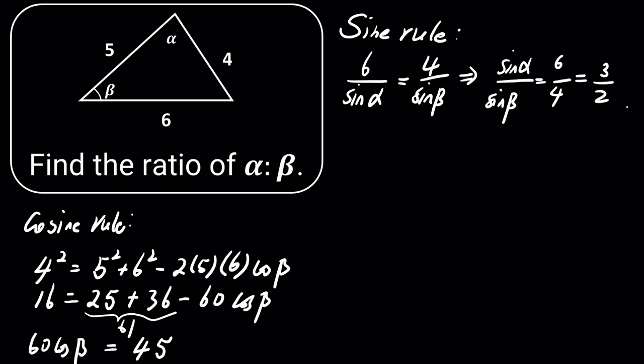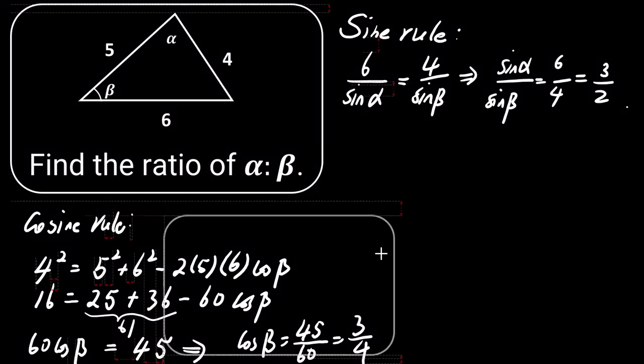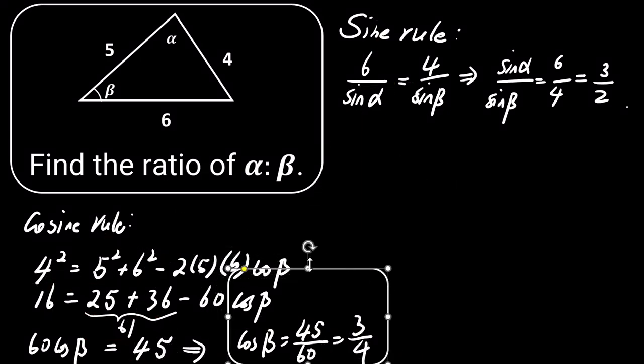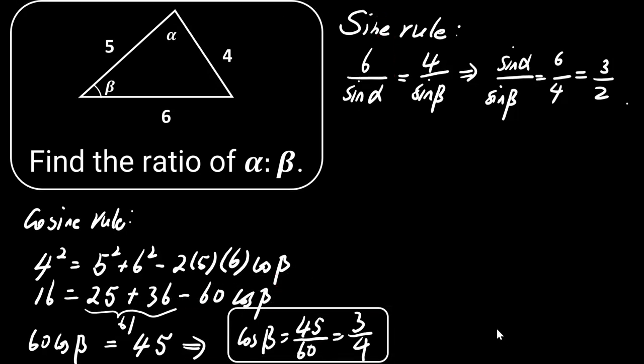So cosine beta equals 45 over 60, which is 3 over 4. Now, later on, we're going to use the value of cosine beta equals 3 over 4 here. Let's continue.